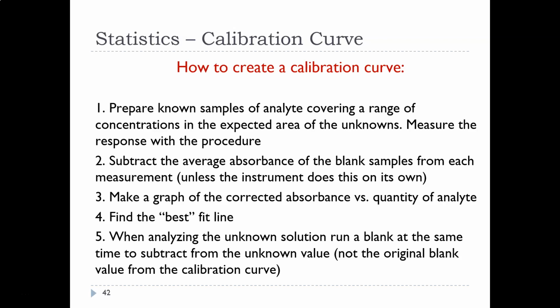We will blank the instrument and then make our graph with, I'm going with absorbance for this example, absorbance on the y-axis and concentration on the x-axis, find the best fit line using Excel, and then use the equation of that best fit line, with the instrument response, the absorbance, known from the data, to calculate the concentration or the quantity of the analyte. Again, we're going to be doing calibration curves a lot. If you've got questions about them when it happens, let me know.